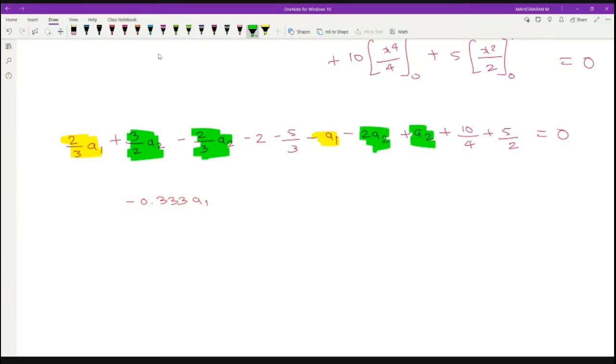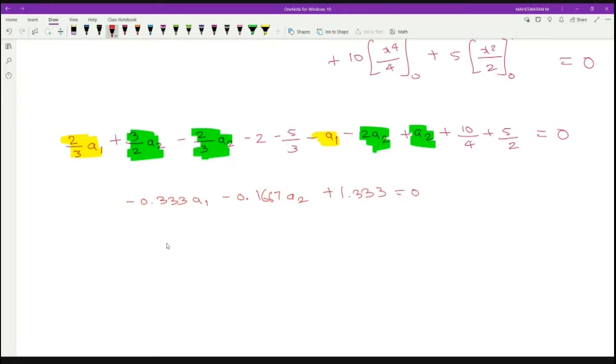So 4 a2 terms. Right? So just add it. Minus 0.1667 a2. Right? You try it out. Remaining is, right, you are getting plus 1.3. So are you getting it?